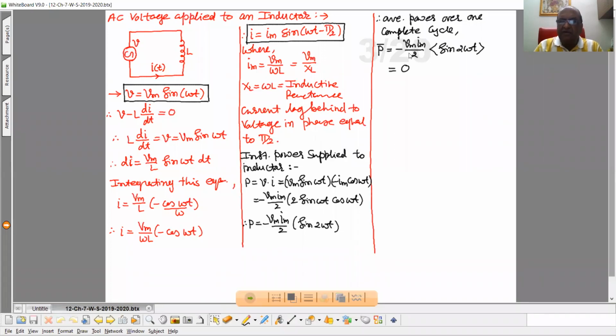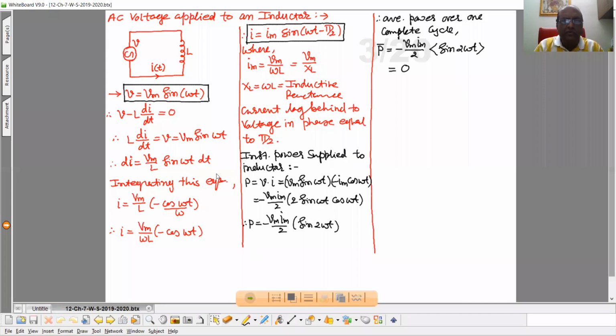Now average power over one complete cycle. So minus Vm Im by 2 is constant. But when we take the average of sine 2 omega t, that will be equal to 0. So in case of an inductor connected to an AC supply, the average power over one cycle will be equal to 0.